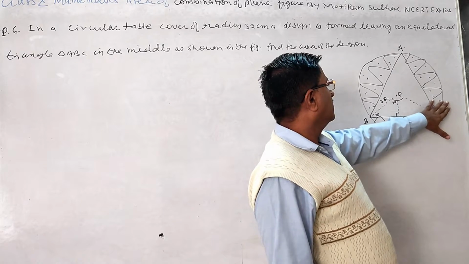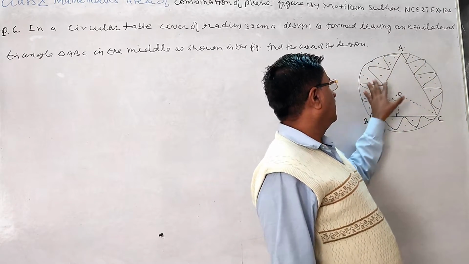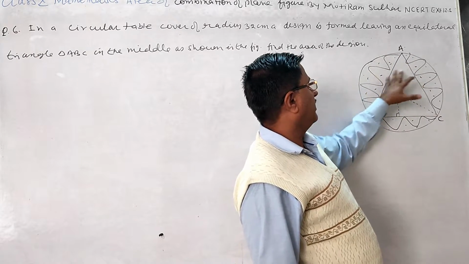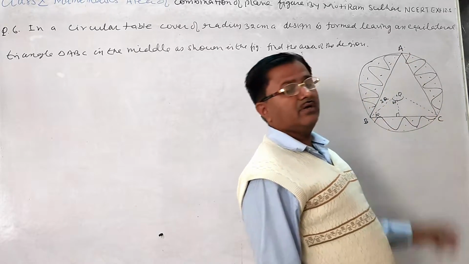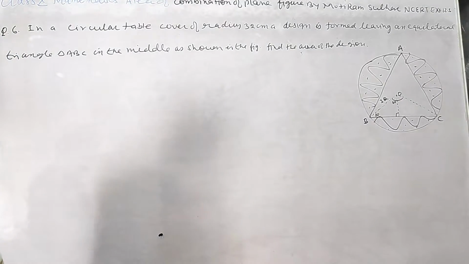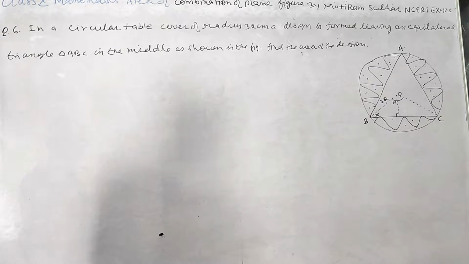The design on the corner of this table cover is formed leaving this portion undesigned, the equilateral triangle left area. So you have to find the area of the design, the area of a combination of plane figures.